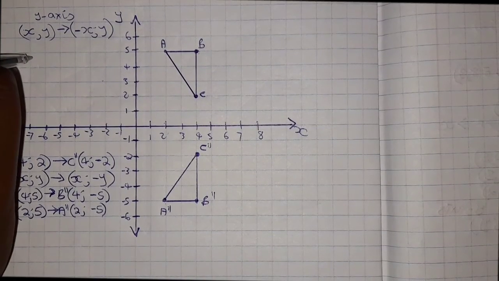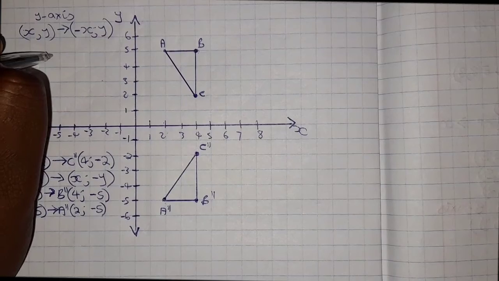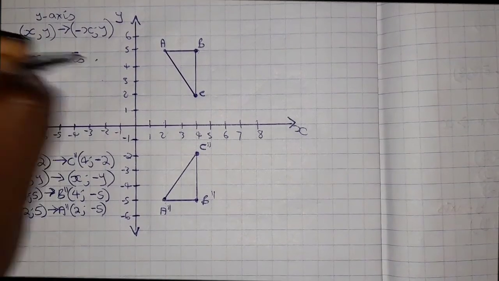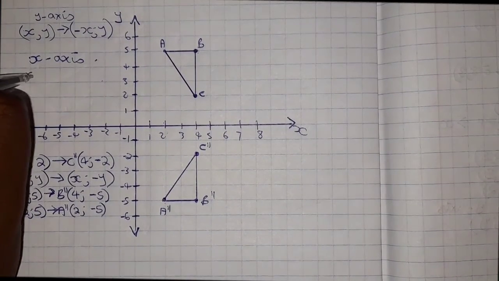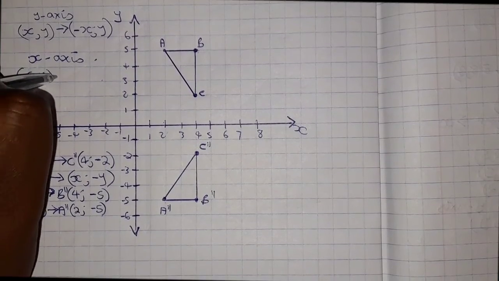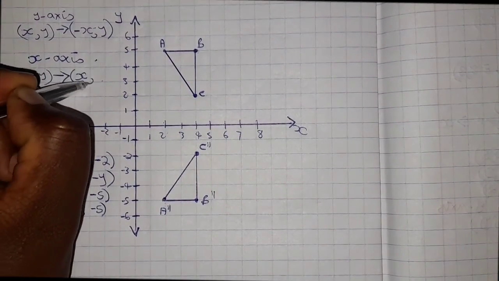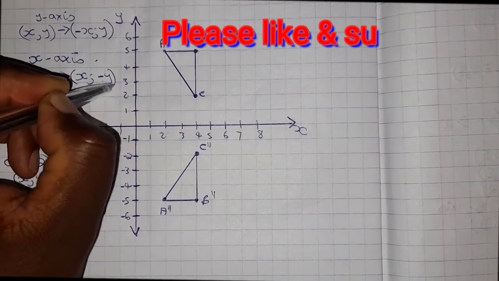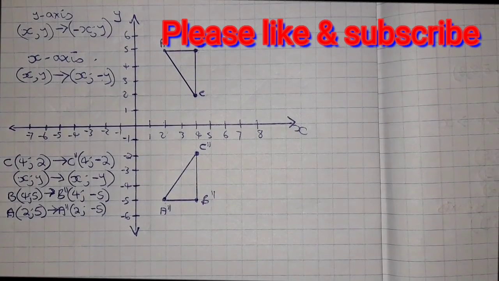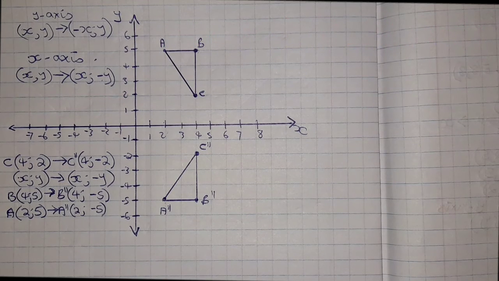So our rule for reflection in the x-axis is (x, y) is mapped onto (x, -y). So these are the two rules that you are supposed to remember when you are doing reflections.